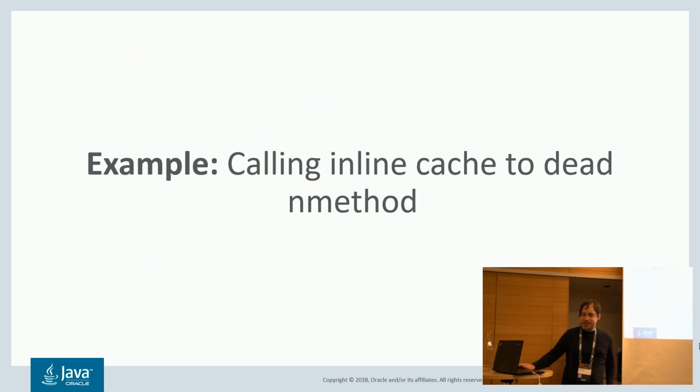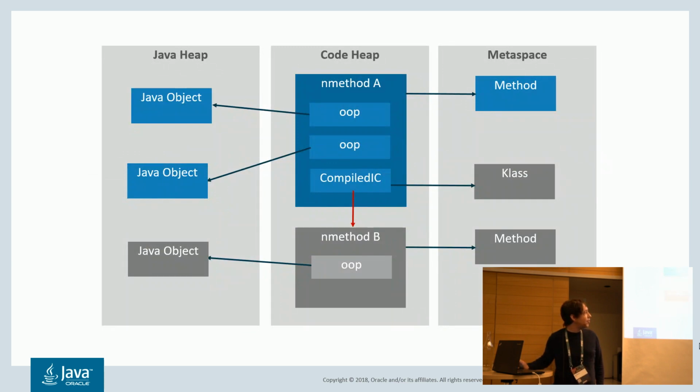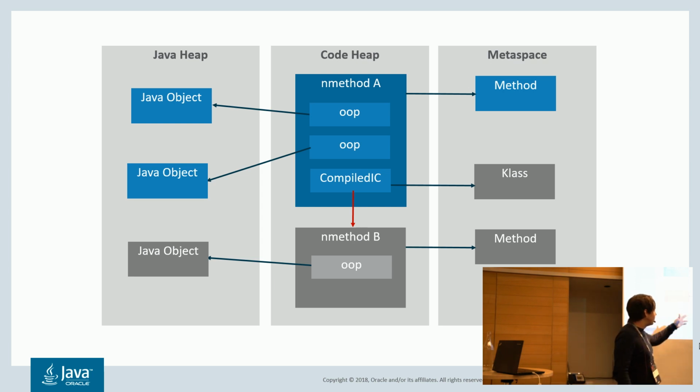So I have some examples here. I think the first example is calling into dead code. What could possibly go wrong? So assume that we are in native method A, and we have this inline cache with a red arrow going down to this potentially explosive native method B. And we call that. Well, then what we're going to do is walk the object references here and find out that, oh, this is really bad.